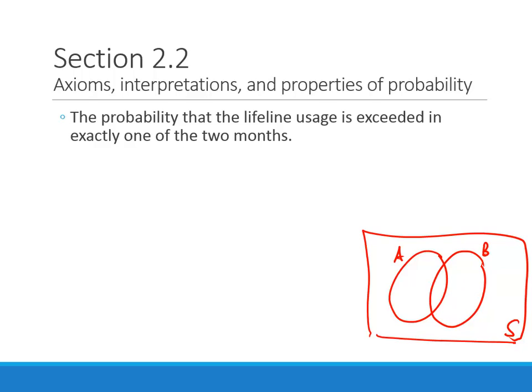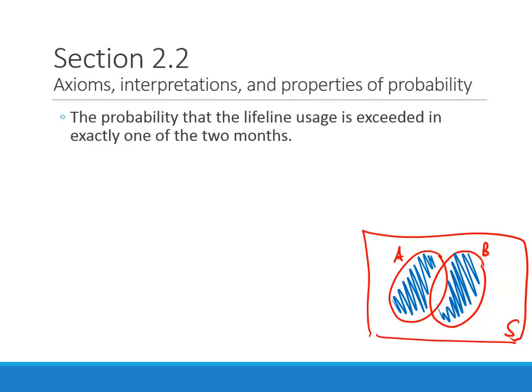Yes. Either the union of A and B minus their intersection. Exactly right. So I want to leave out the cases in which they are exceeded in both months. So as was just said, I want A union B minus their intersection. So you can take these 2 moon-shaped pieces there, and I need to figure out what that is.